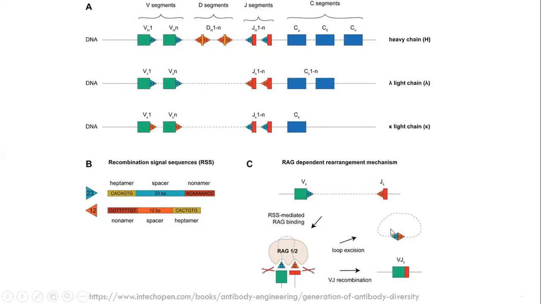The DNA at the end of the previous segment and the start of the next are joined to form the exon by VJ recombination. This is the recombination process in immunoglobulins.